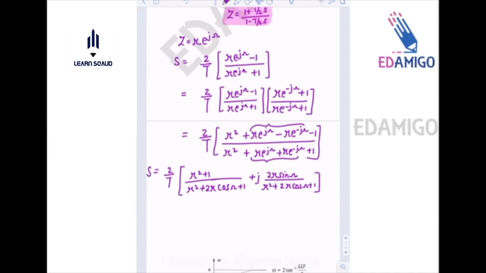Now S is equal to sigma plus j omega. So the real part of S, that is equal to sigma, is equal to the real part of the right hand side.